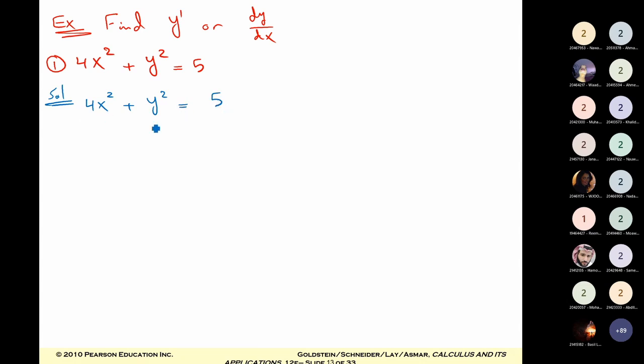What's the derivative of 4x square? This is 8x. What's the derivative of y square? 2y, but here we find the derivative of y, so it must be multiplied by what?